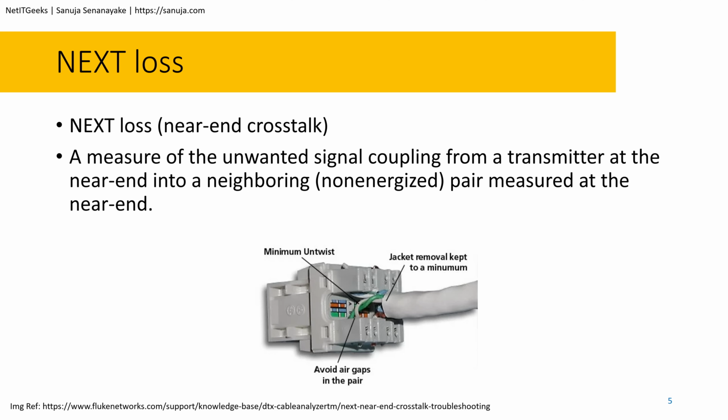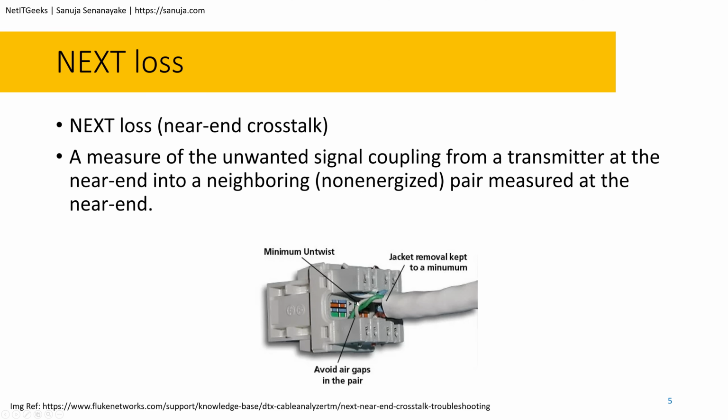So what does that basically mean? It is primarily caused by poorly twisted or split wire pairs and termination issues. Specifically, NEXT occurs when signal from one wire pair is picked up by the adjacent pair, leading to signal degradation. So if you have a whole bunch of cables with minimal untwist, there's going to be less NEXT loss.